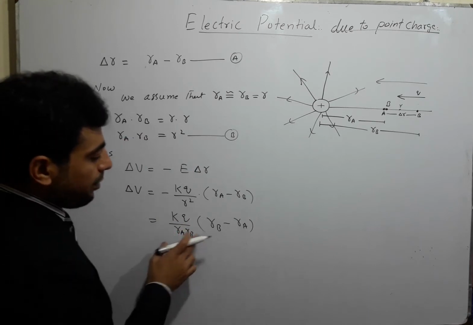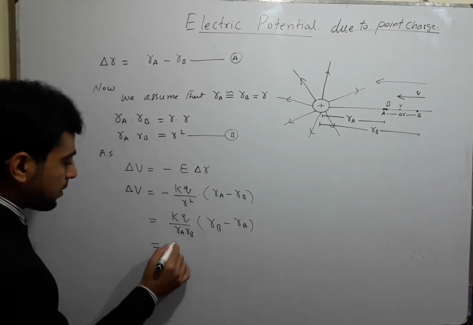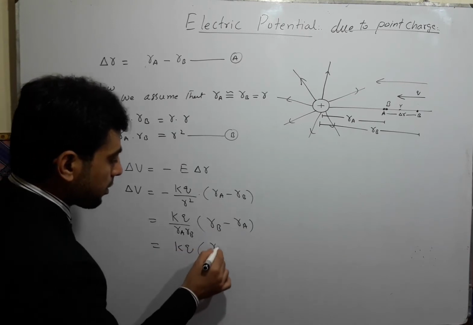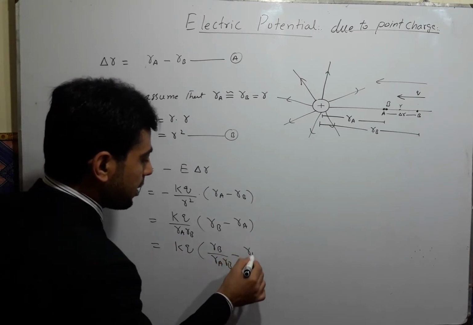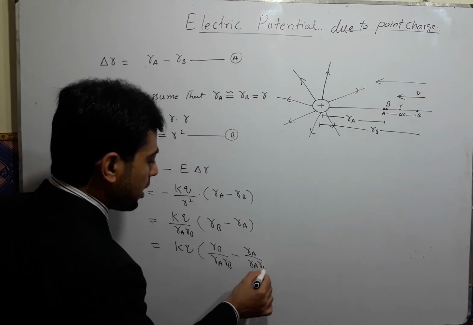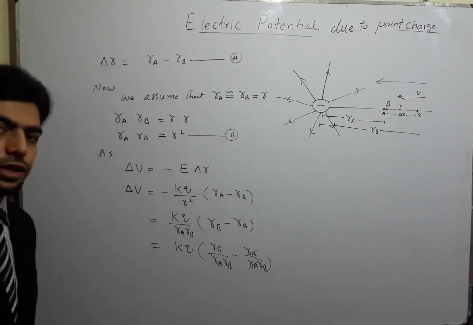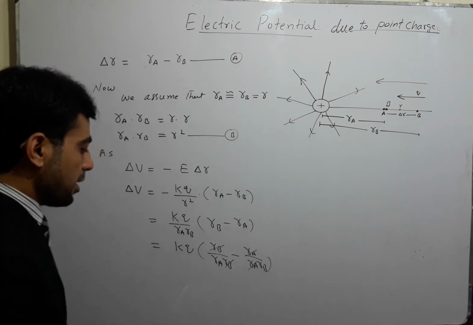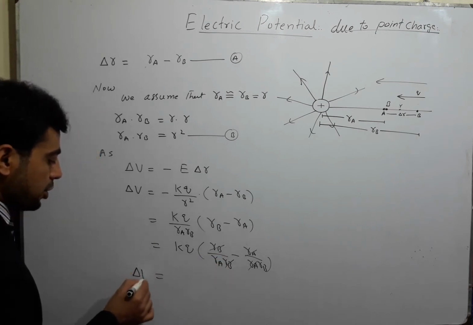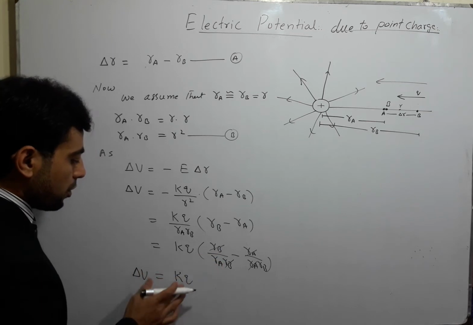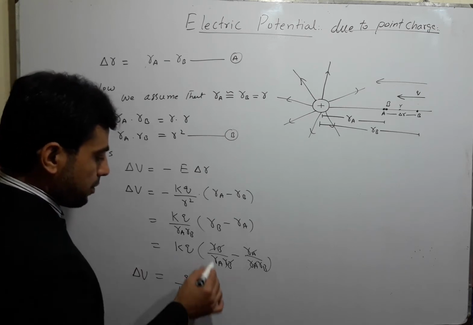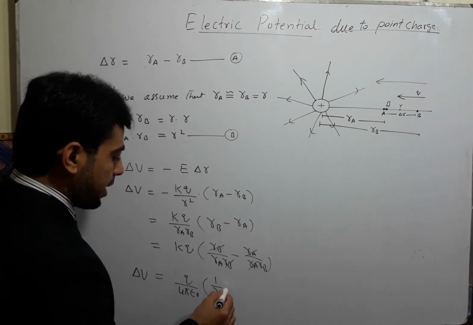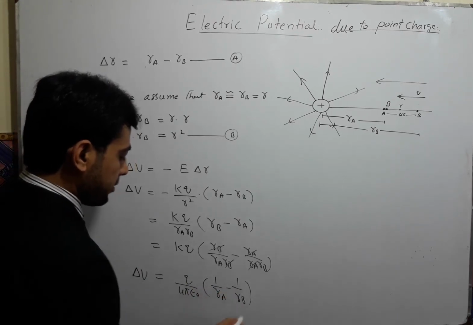So we get kq times (RB minus RA) divided by RA into RB. RA will cancel out with RA, RB will cancel out with RB. So we are left with change in potential equal to kq, where k is the Coulomb constant and its value is 1 over 4 pi epsilon naught, times (1 over RA minus 1 over RB).